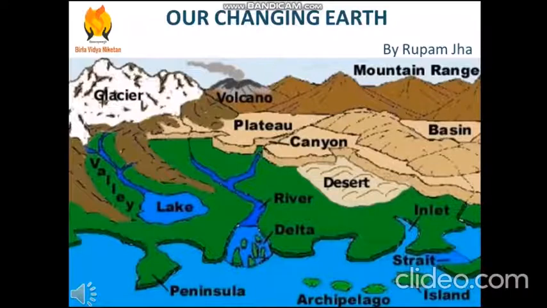Similarly, erosion and deposition also act on sea waves. Now what happens in the sea? Sea waves give rise to coastal landforms. The sea waves continuously strike against the rocks. Then cracks develop in the rocks.